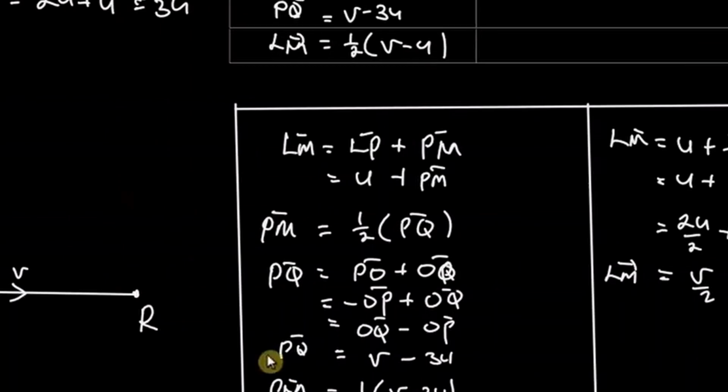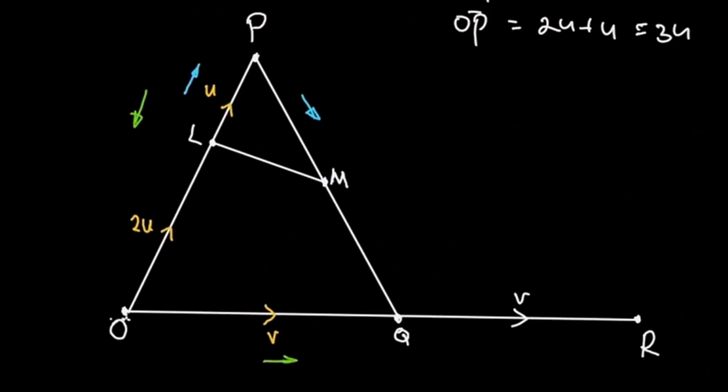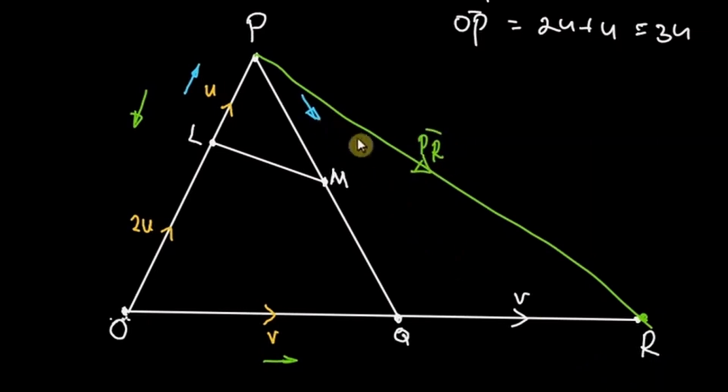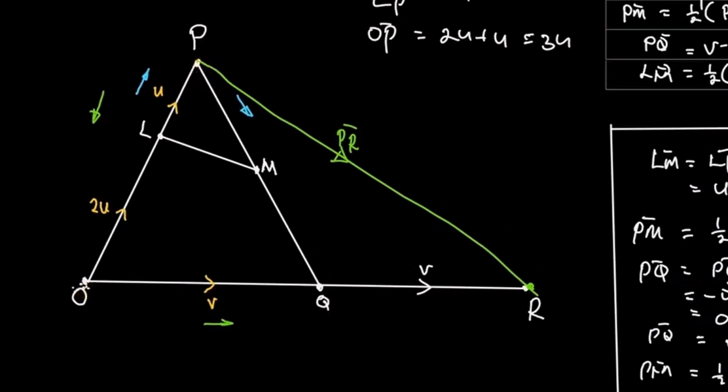The next question is to find the vector PR, and that's the vector going from P to R. So let's identify the vector first, which is the line connecting the 2 points. So let's draw. So that's our vector going from P to R, and it's going in the direction of P to R. So let's label our vector. So at once we can see that the vector going from P to R is the equivalent of the vector going from P to O and from O to R. So let's just write it vectorially.